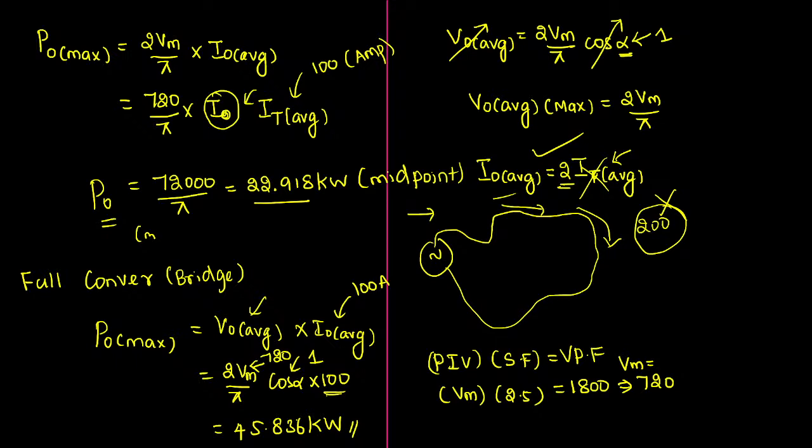Because the basic difference, let me tell you, you need not do this much calculation. We have observed that the peak inverse voltage of the midpoint converter is 2 times the maximum voltage, whereas the peak inverse voltage of the bridge converter is only Vmax.